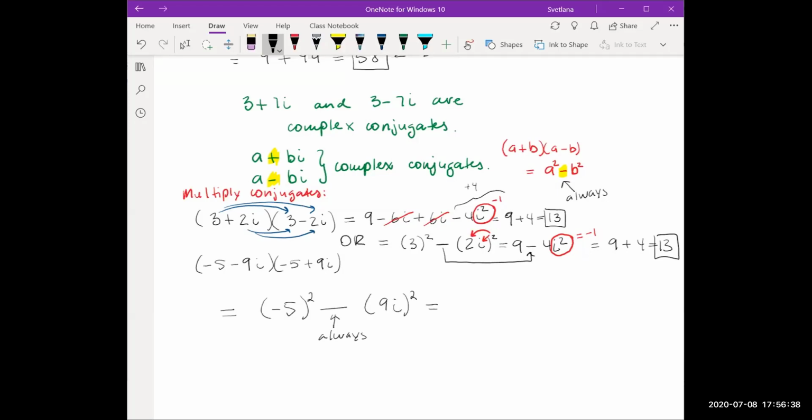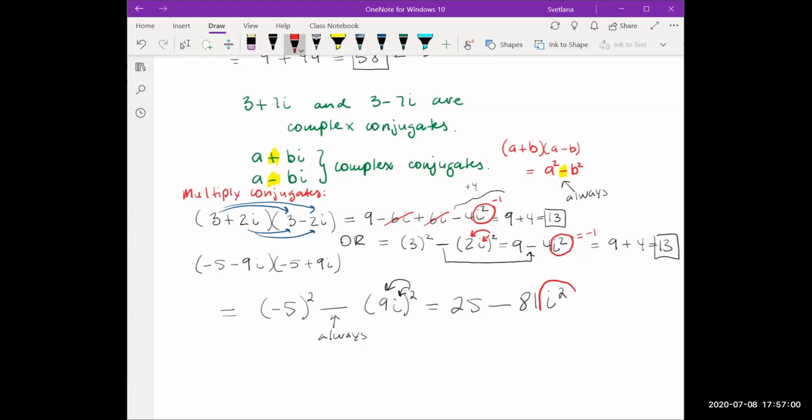Okay, so (-5) squared is -5 times -5, so it's 25. Then I carry over minus. And now I have to square both 9 and i. So 9 squared gives me 81, and then i squared.